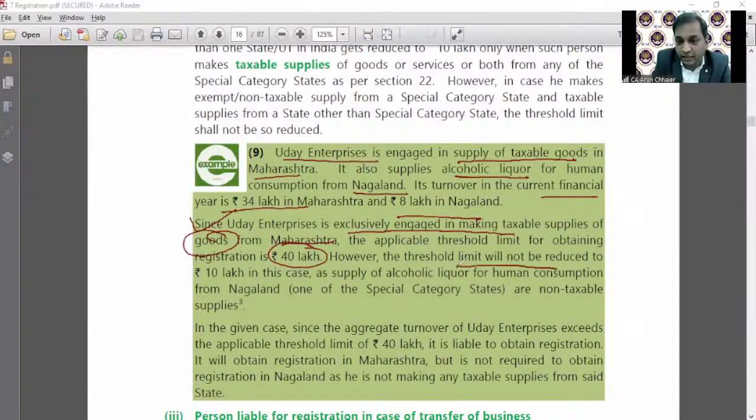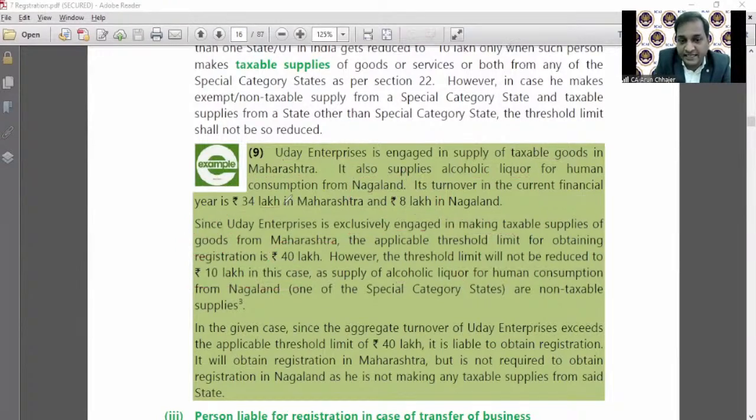However, the threshold limit will not be reduced to 10 lakh in this case. Why not in this case? Because from the special category state, he is making the supply of non-taxable supplies. Therefore, in this case, the limit would be 40 lakhs. I'm not coming to the point whether he needs to take registration or not.